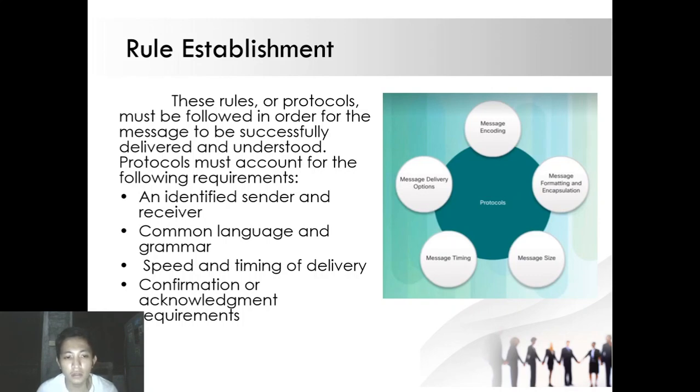So, speed and timing of delivery: there's a time when you don't realize that you have talked too fast, and the timing of the delivery of your message is not accurate. Then that's it, the rule establishment.